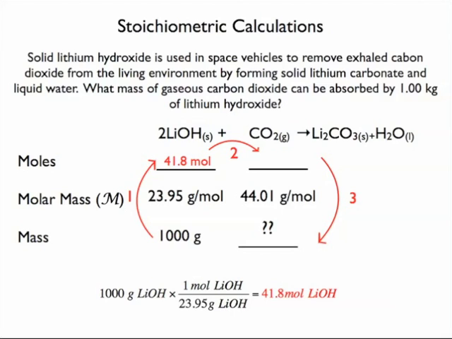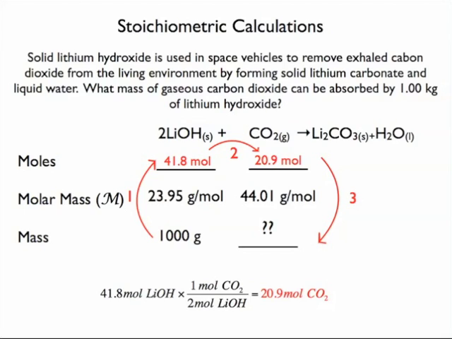Okay, hopefully on that next step, after having that 41.8 moles, you would use the mole ratio to calculate the moles of carbon dioxide. Note that when you have this ratio of 2 to 1, you have exactly half as many moles of carbon dioxide as you did of lithium hydroxide.